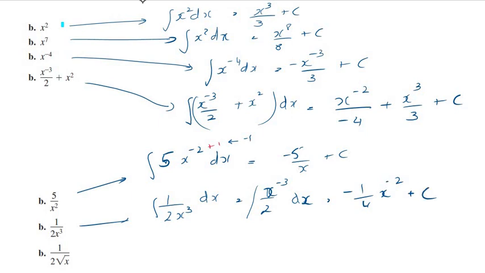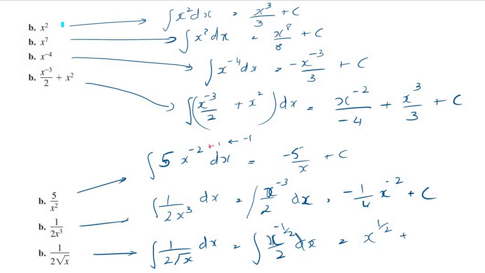And this one, 2 square root of x dx, can be written as the integral of half x to the power minus half. When you add 1 to it, you get half, so we have x to the power half, and you divide by half, so you get x to the power half plus c.